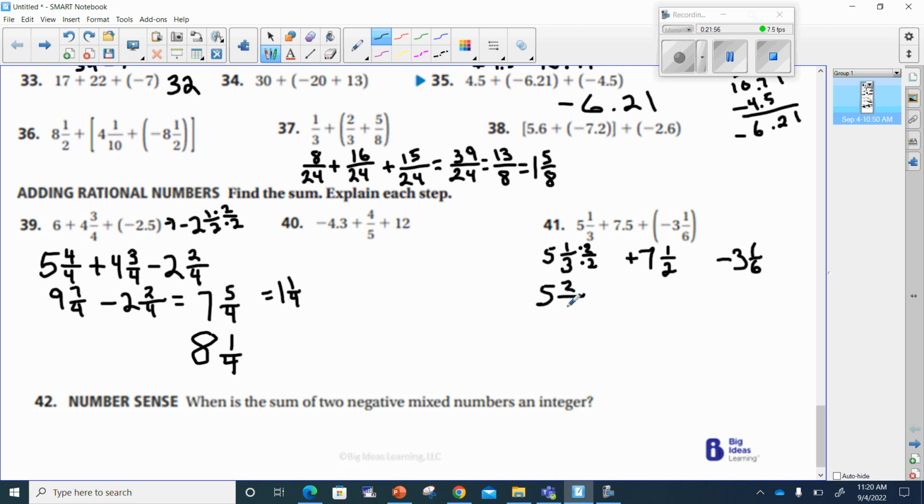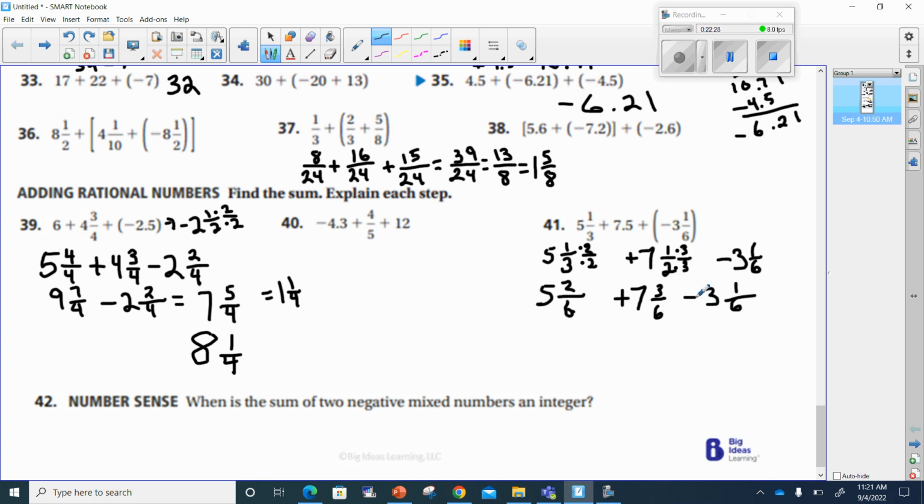Now I've got 5 and 2 over 6. Sorry, my mouse is giving me a little issue. There we go. Now over here, I'm going to multiply this by 3 over 3. And this is going to give me plus 7, and 1 times 3 is 3, and 2 times 3 is 6. And then over here, this has already got a 6 as the denominator, minus 3 and 1/6.